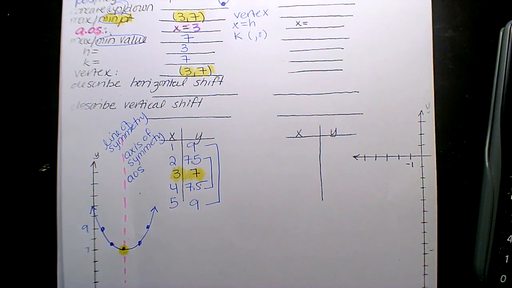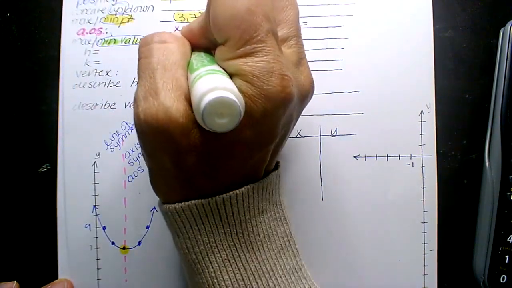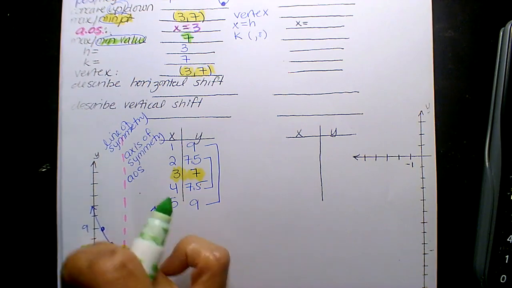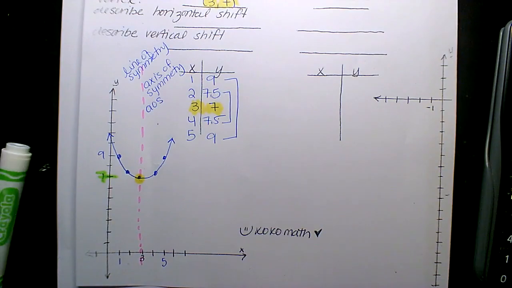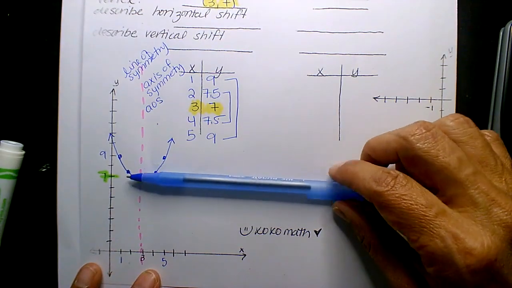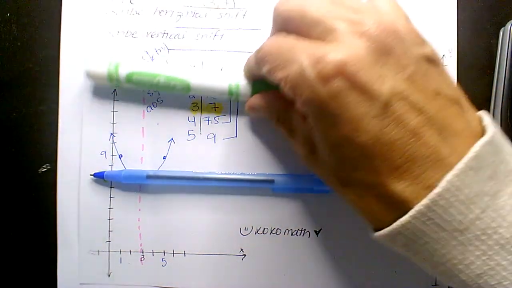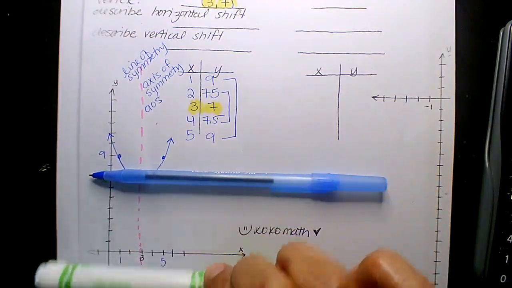Okay, now what's the minimum value? We'll eventually start talking about domain and range, but baby steps, okay? The 7, which is the minimum value, which is your k, that'll make more sense when we start talking about domain and range. If you look at your y-axis, see how if my vertex is here and I make a horizontal line, the parabola exists above the pen, but there are no points below the pen?